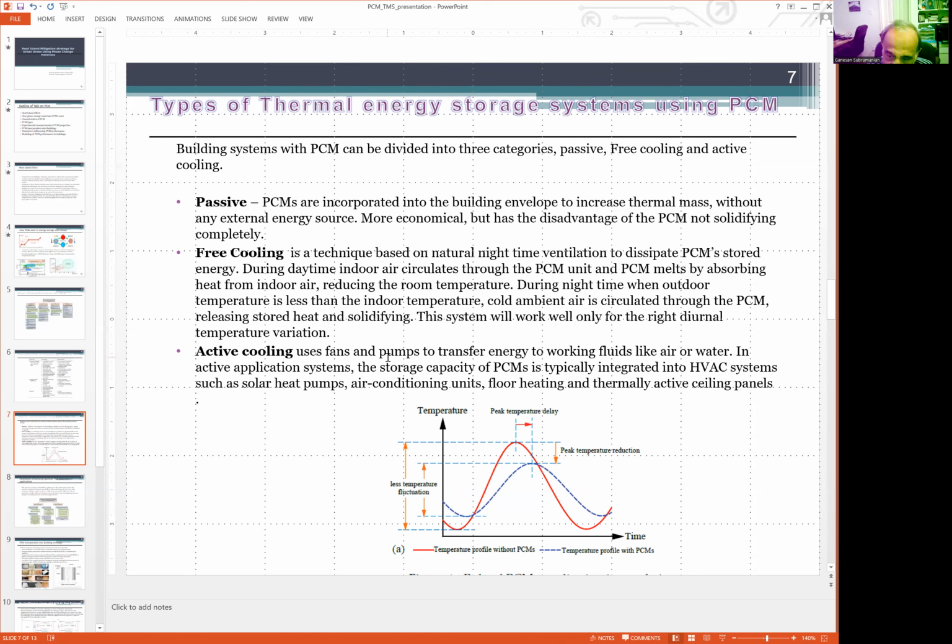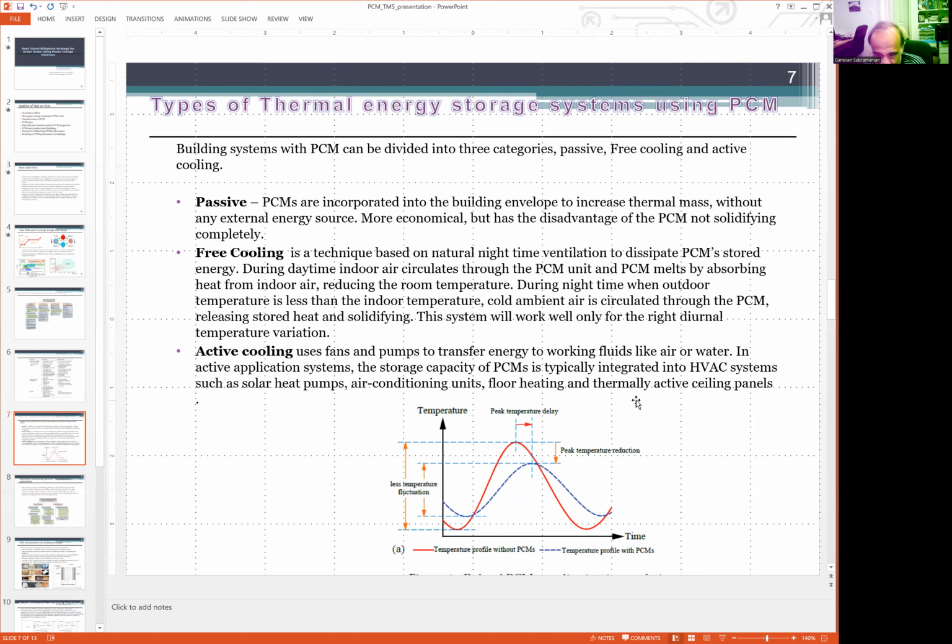It uses fans and pumps to transfer energy to working fluids like air or water. In active application systems, the storage capacity of PCM is typically integrated into the HVAC systems, such as solar heat pumps, air conditioning units, floor heating, and thermal active ceiling panels.